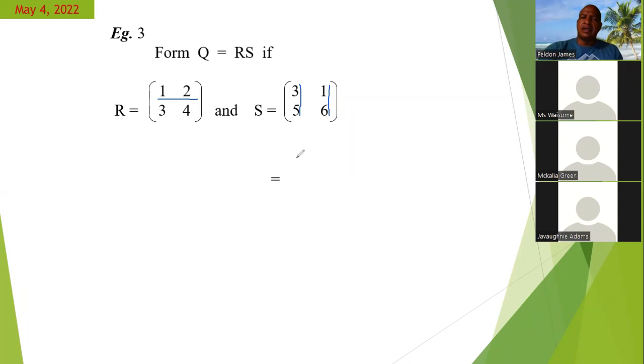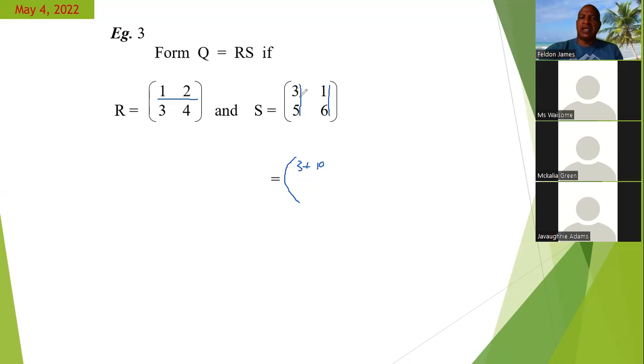So if we do that, we would have 1 times 3 give you 3, plus 2 times 5 give you 10. So that would be 3 plus 10. Then now that's the first row with the first column.